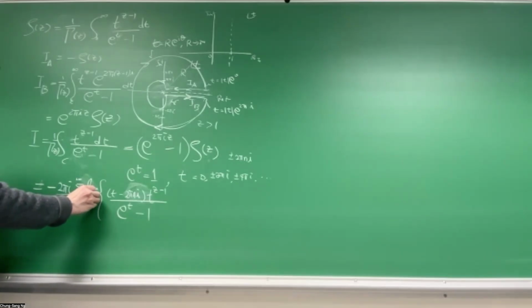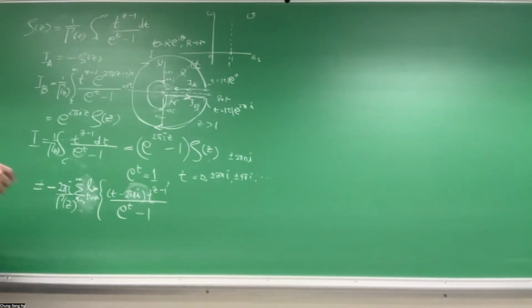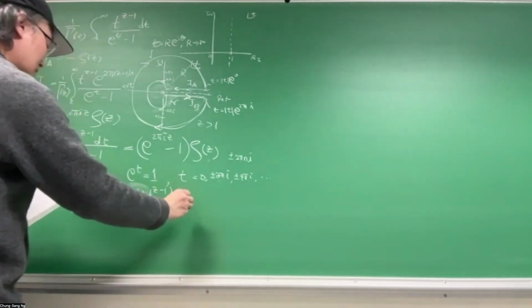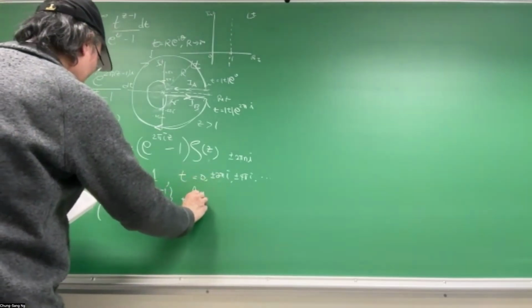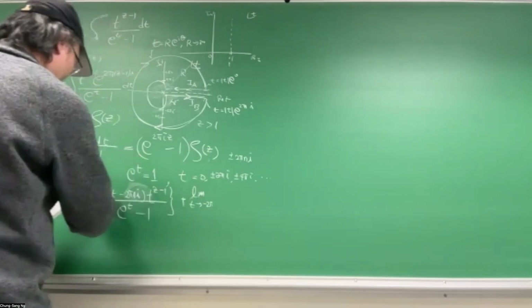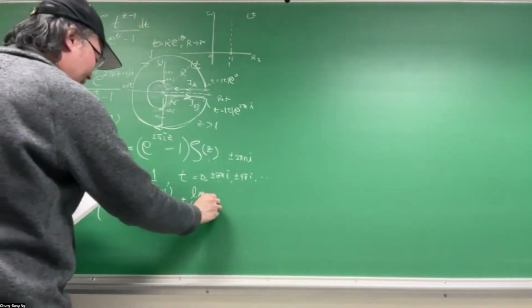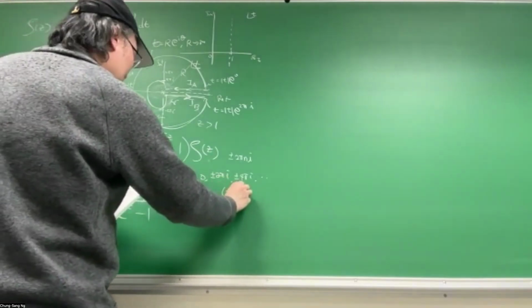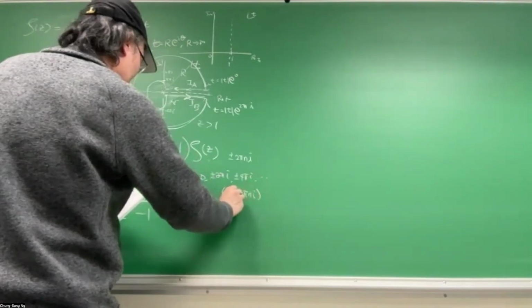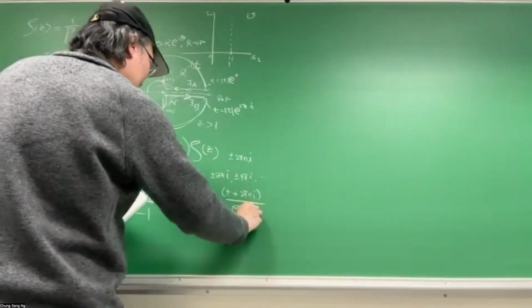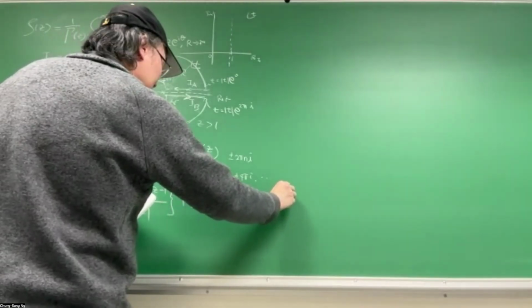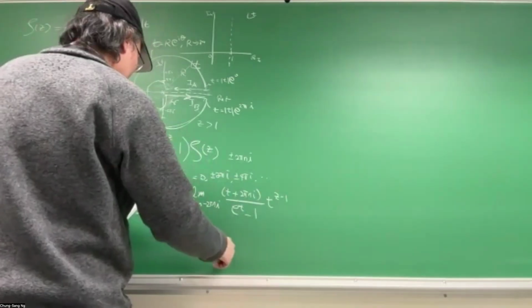For this term it is 2 pi i n, the other term is minus 2 pi i n, right? So this term is like that, and then plus the limit as t goes to minus 2 pi n i, of t plus 2 pi i n times the same factor over e to the t minus 1.